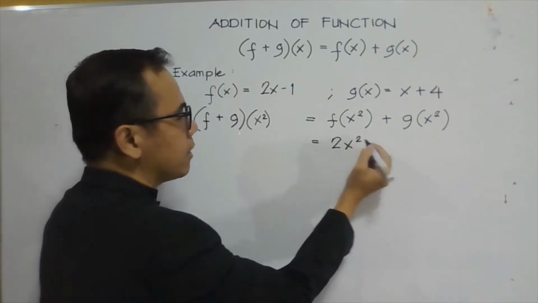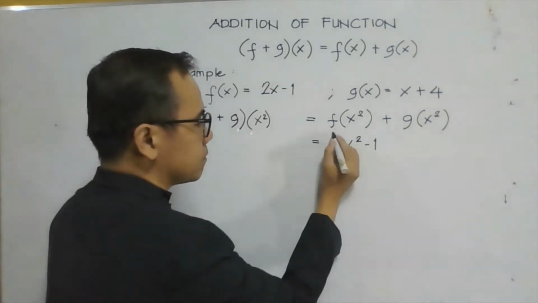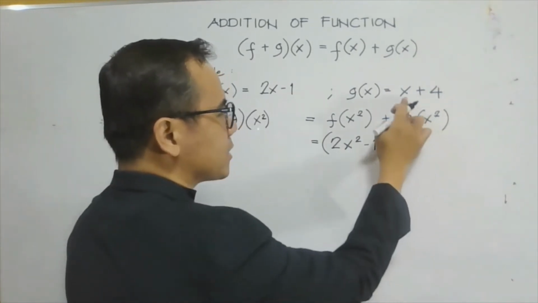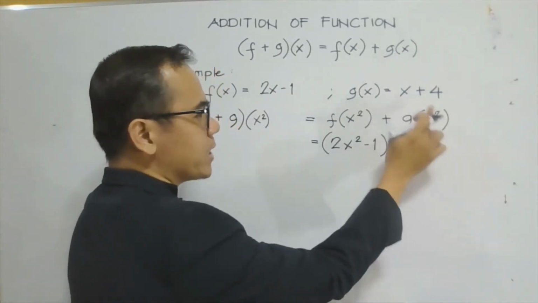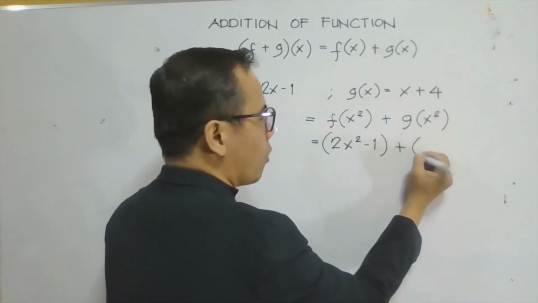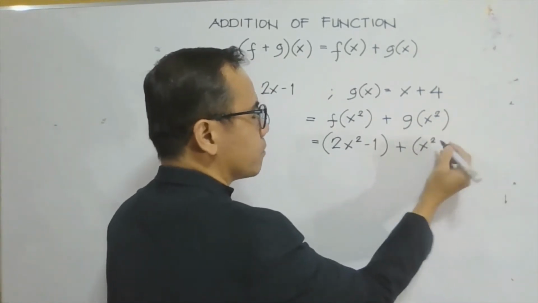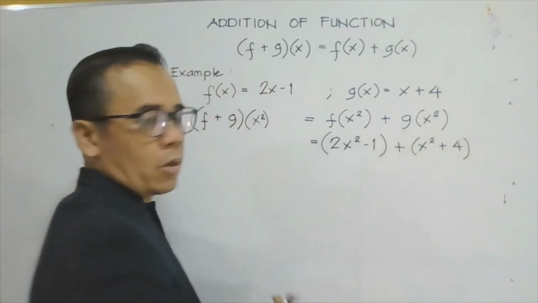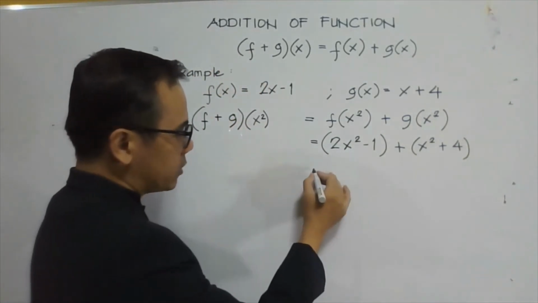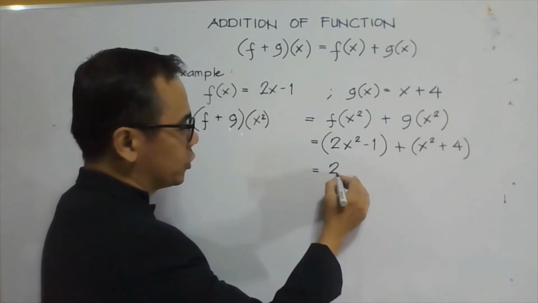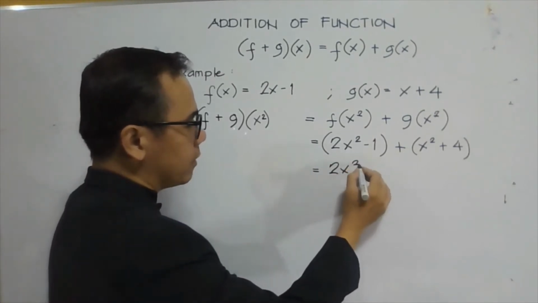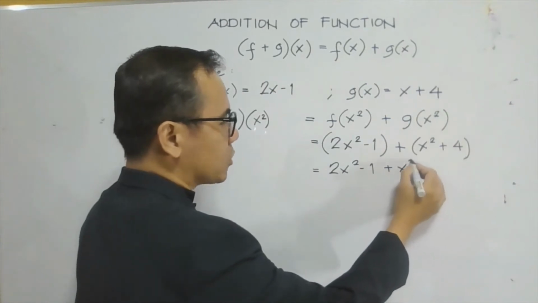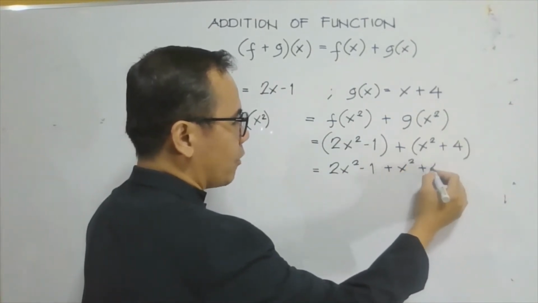So it becomes 2x squared minus 1 plus, for the g of x, replacing the variable x with x squared, it's now equal to x squared plus 4. So simplifying it, we have 2x squared minus 1 plus x squared plus 4.